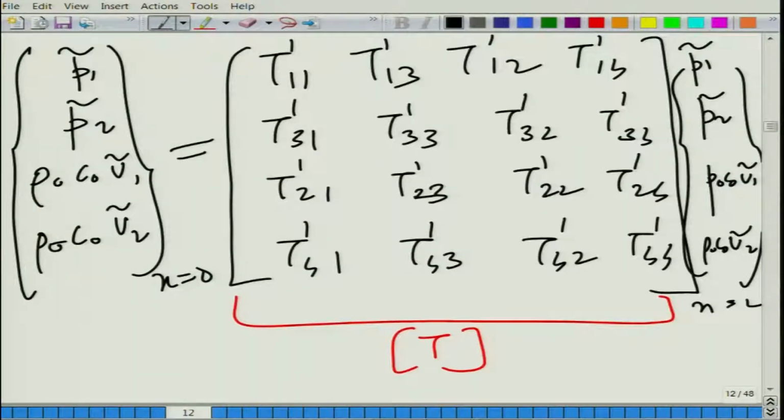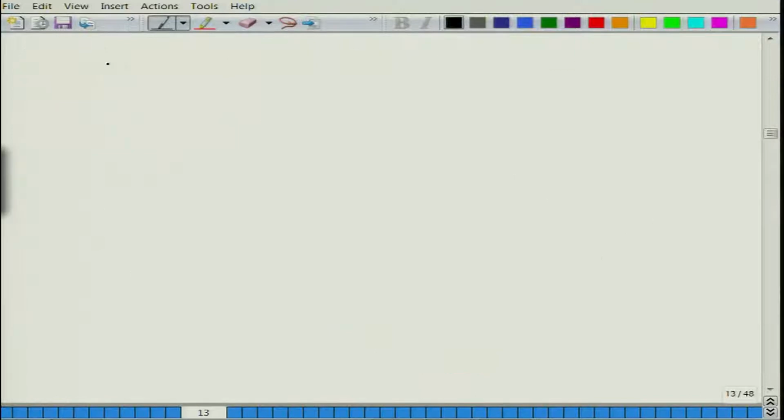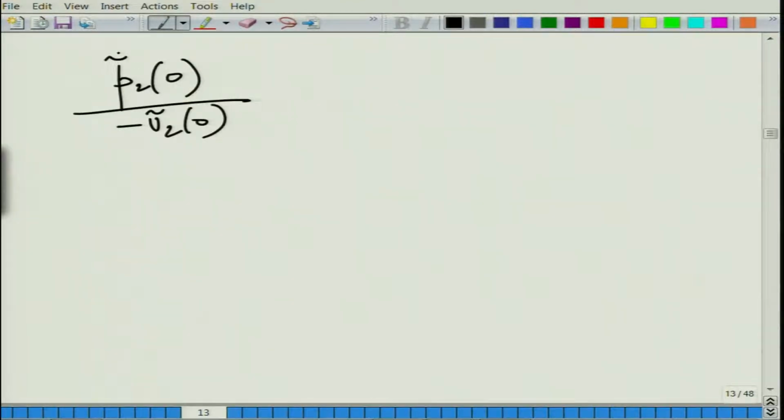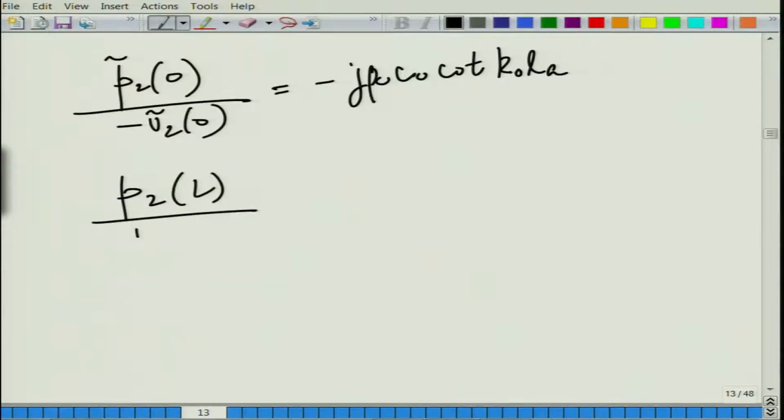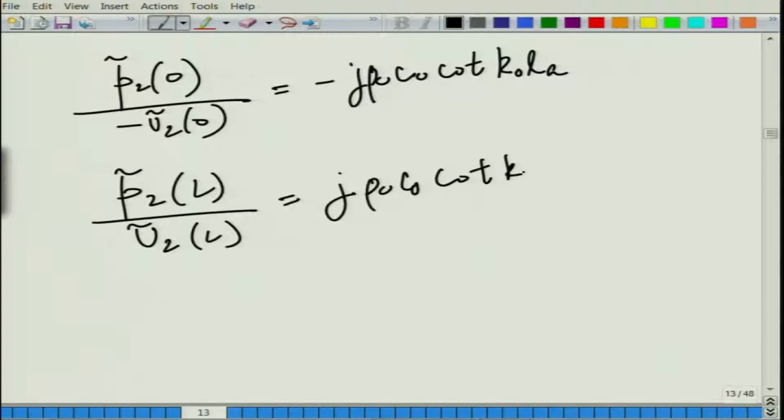What we will do is that now putting those boundary conditions, I would say P to 0 and minus u to 0, of course tilde, is equal to minus j rho naught C naught cot k naught L a, and your P 2 at L, u 2 tilde at L, is equal to j times rho naught C naught cot k naught L b. Okay. So, we will have these boundary conditions.